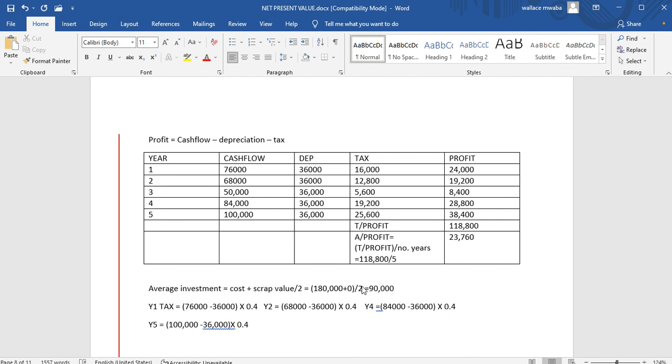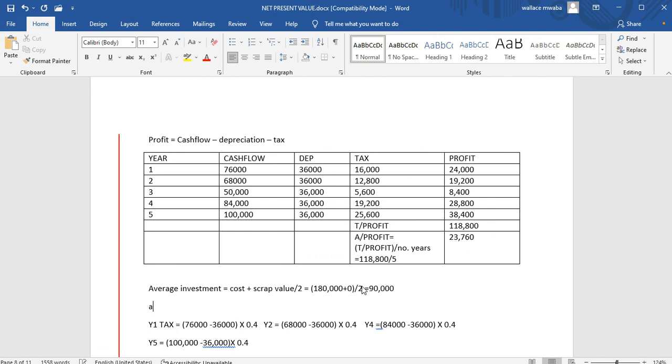Now we can get our average rate of return. ARR equals average profit over average investment, times 100.